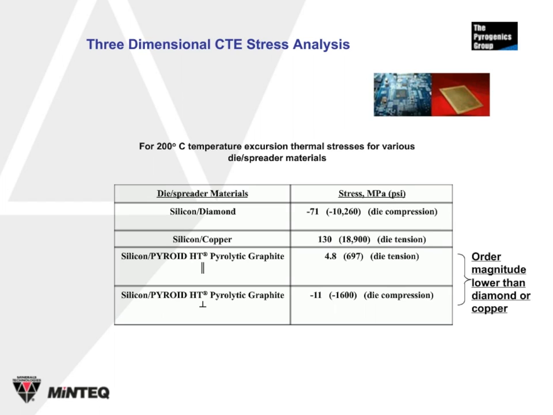And simply using the textbook calculations, what you find is that the pyrolytic graphite Pyroid HT yields an order of magnitude lower thermal stress than alternative materials. We believe this also plays a role in its advantage and design characteristics.